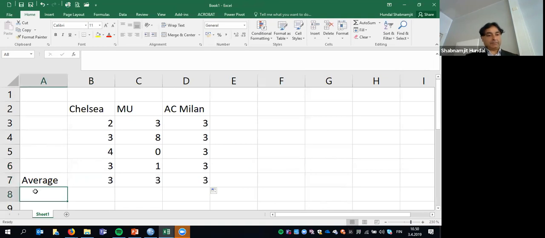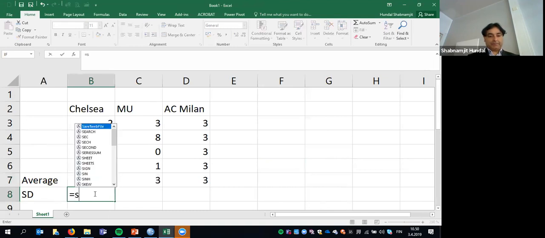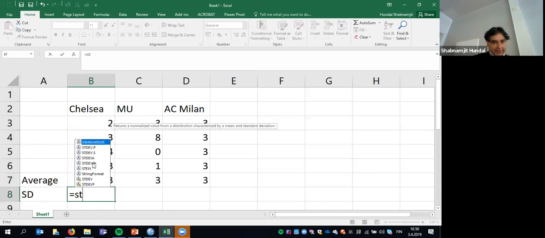And then the standard deviation. The standard deviation is, this one here, it's STDEV.